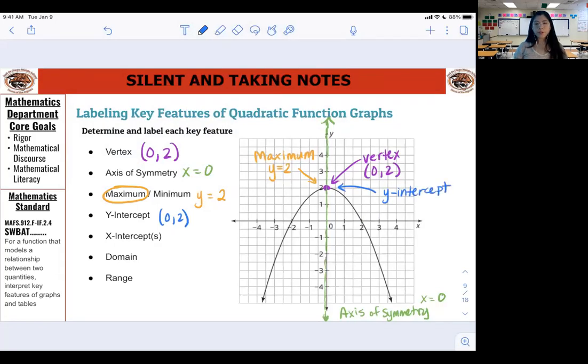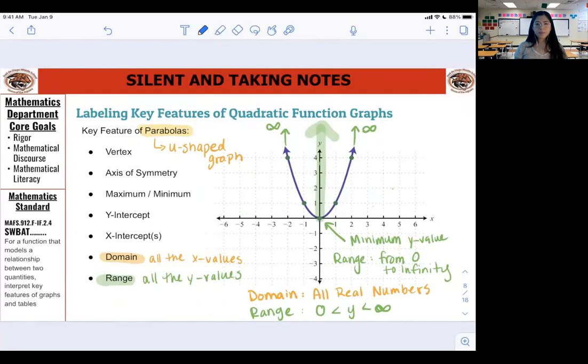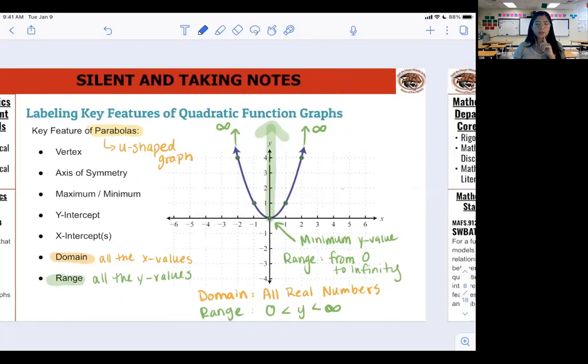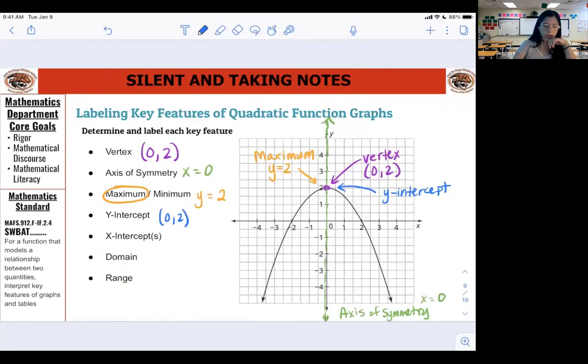Now, the parent function, if you remember, had the same x-intercept and y-intercept. They were both at 0, comma 0. But here, take a look. Where can I find the x-intercepts? There's more than one. Negative 2 comma 0 and 2 comma 0.